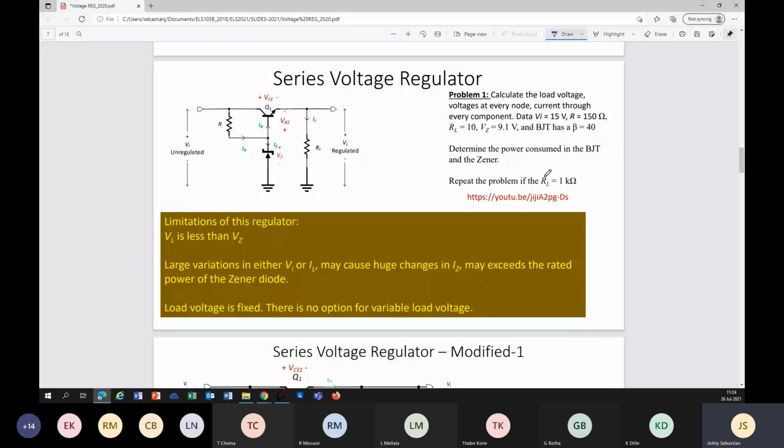Let's try to do that one now before we modify. I'm trying to get the data. You can try to understand the operation of the circuit as I am trying to make it.